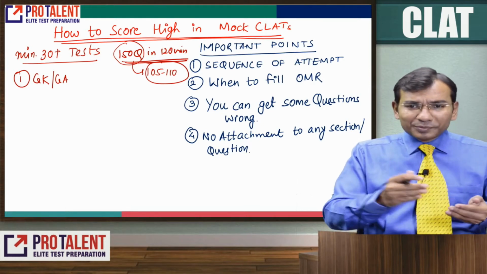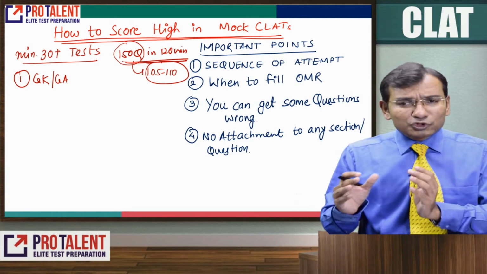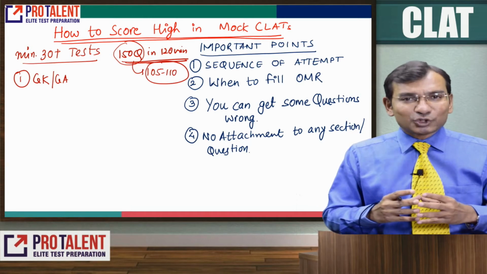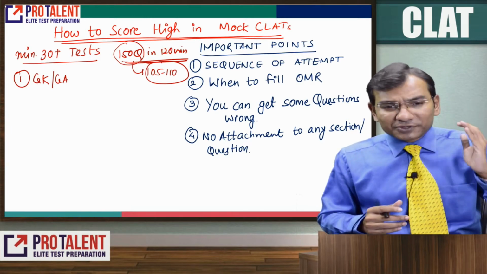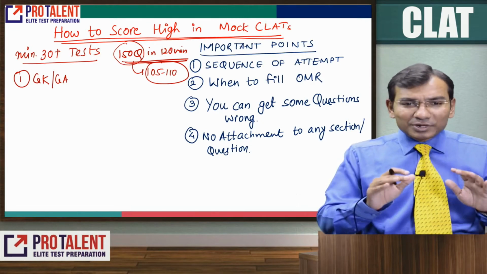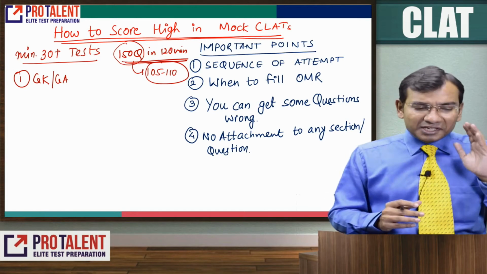After so many tests, with so many students appearing for such tests, this looks pretty okay as of now. So considering this 110 plus score needed for the top 3 NLUs, it is very important for me to judge how much I will score in GK. That's why it is to be done first.